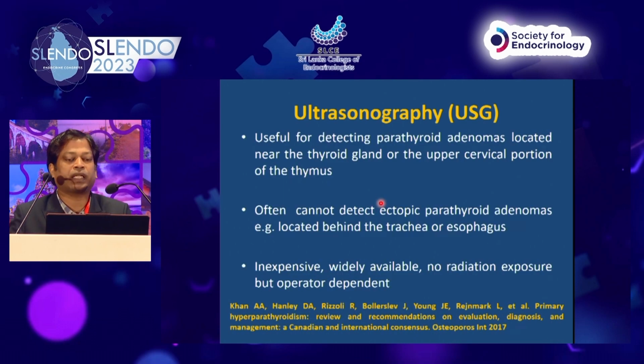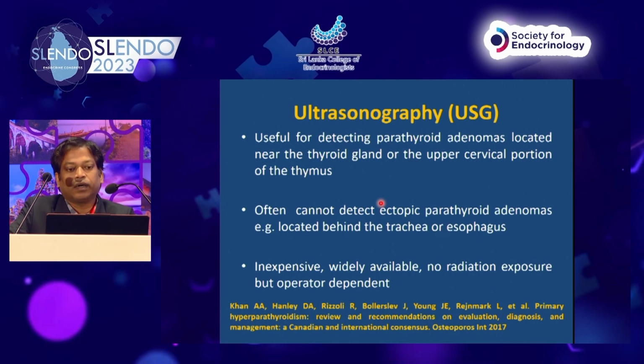Normally parathyroid glands are very difficult to visualize because the size is 4 to 5 millimeter. When there is an increase in the size of the parathyroid gland, either due to hyperplasia or adenoma, then only we can detect it in imaging. Ultrasound is useful for detecting a parathyroid adenoma located near the thyroid gland or the upper part of the thymus.